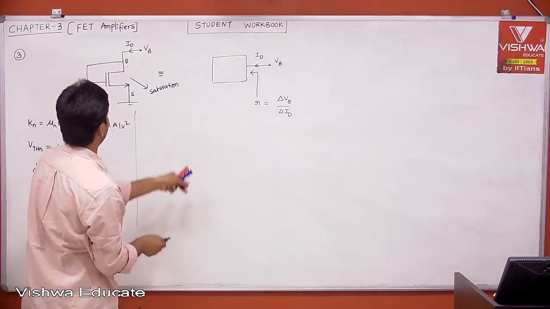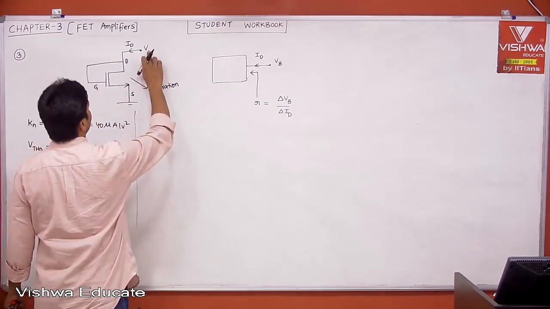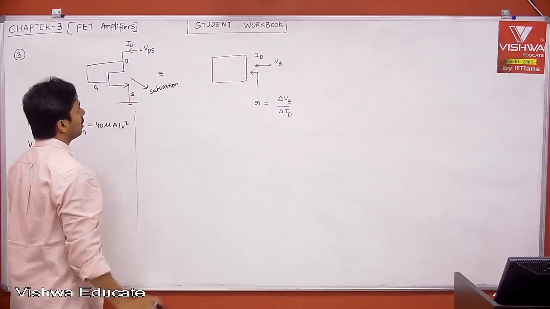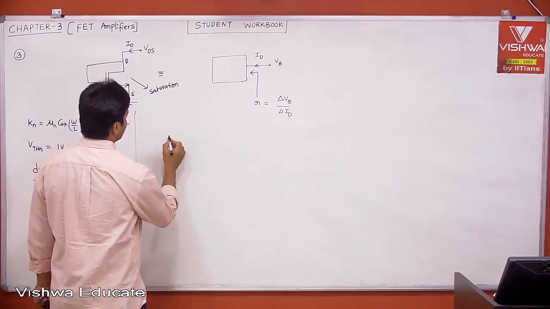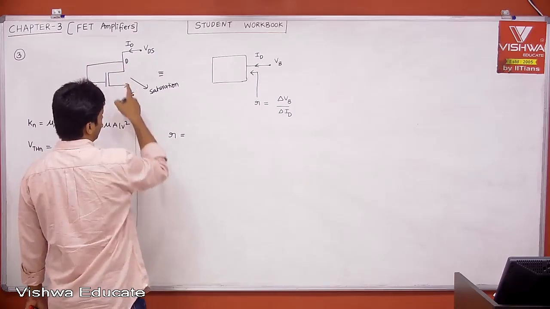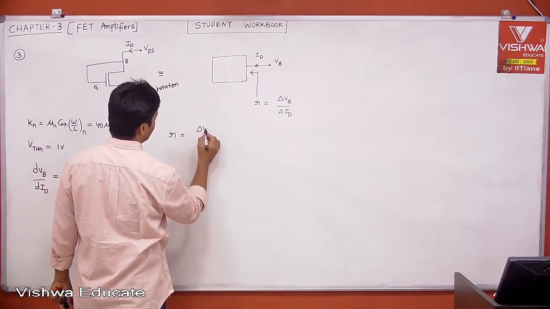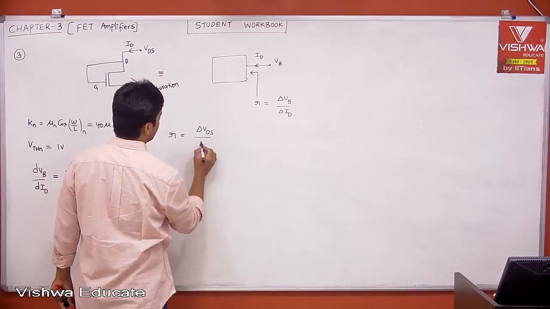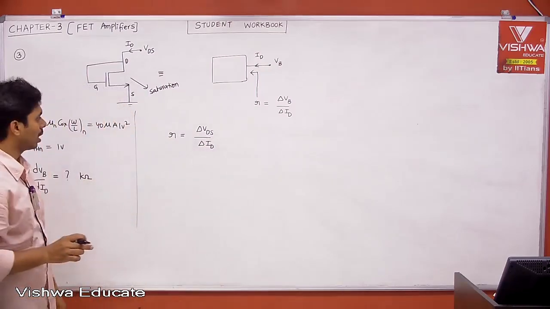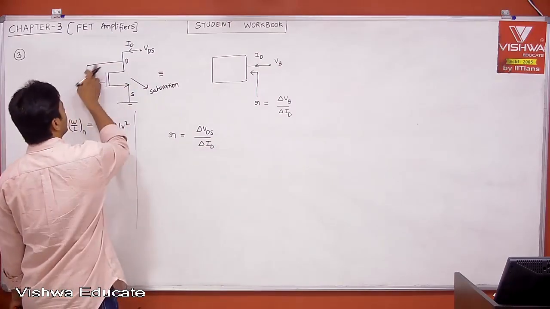What is VB? Instead of VB, can I say this is nothing but VDS? Therefore, what is the resistance? Dynamic resistance R is equal to change in VDS to change in ID. What is VDS for a diode connected transistor?